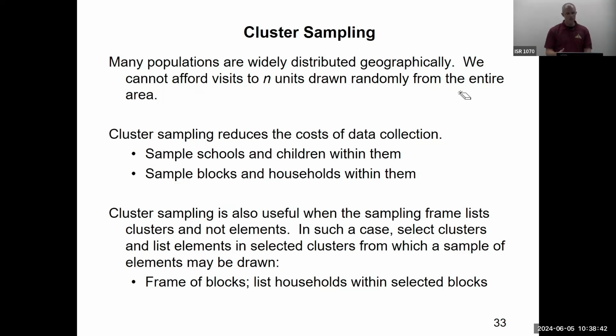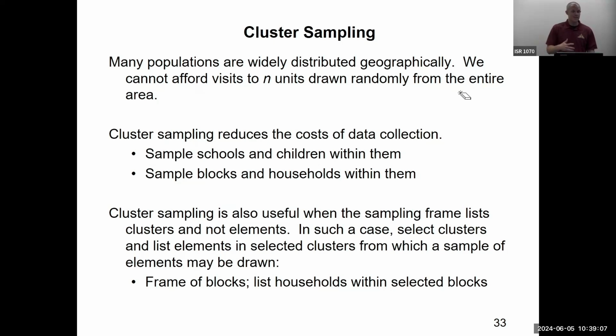Okay? Cluster sampling can also be useful when the sampling frame lists clusters and not elements. Okay? So we may not even have a list of all the elements in our population. We may only have a list of neighborhoods or schools or clinics or enumeration areas or whatever the case may be. We have to sample from that list first before we can actually sample our elements within each of those areas.